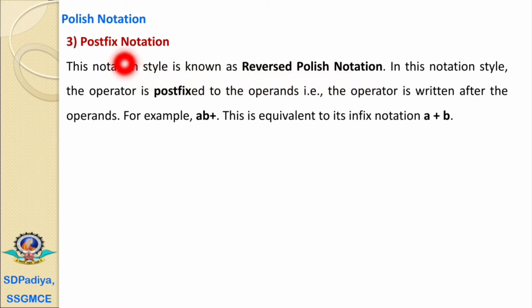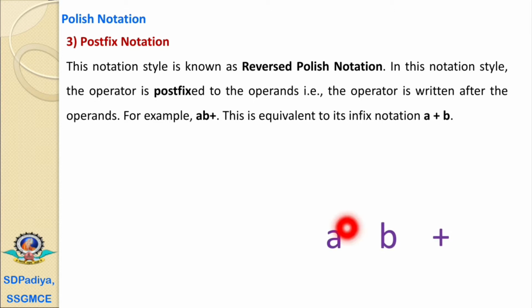That's why the postfix is also known as the reverse Polish notation. In this notation style, the operator is postfixed to the operands. That is, the operator is written after the operands. For example, ab plus. This is equivalent to the infix notation a plus b.